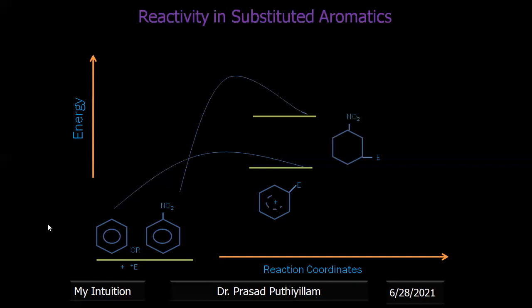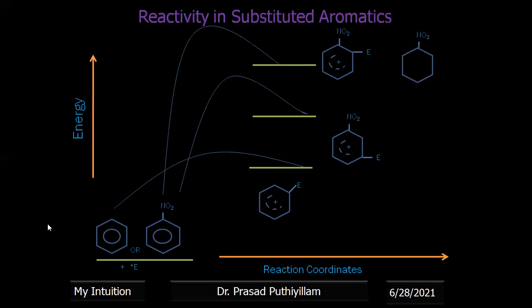Okay, and if it is the NO2 group, the energy increased. With the electrophile at the meta position, it increased. It increased even further to a higher energy level if it is at the ortho as well as para position. Therefore, a reverse case is observed here.